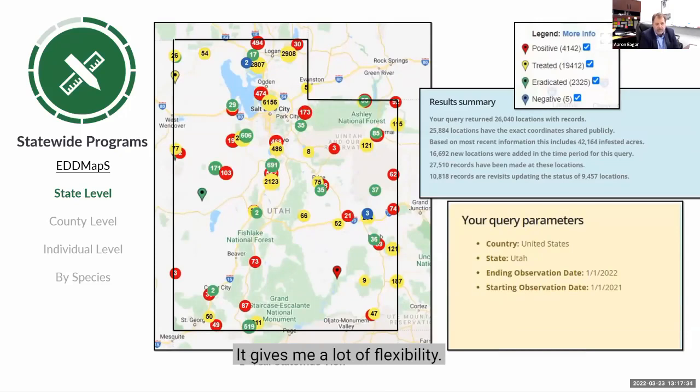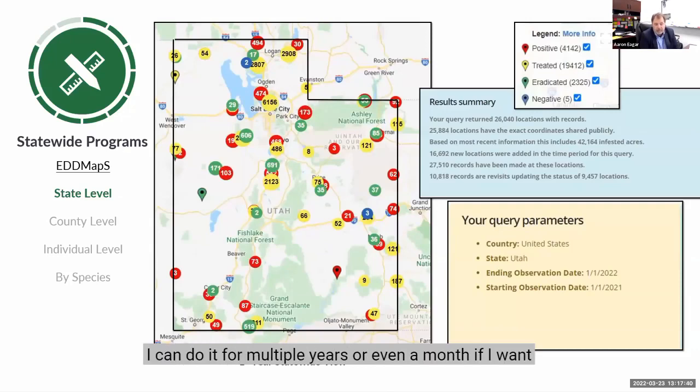It gives me a lot of flexibility. I can do this per species. I can do it for all 54 species. I can do it for multiple years or even a month if I want to. But it gives me a quick view, and it also creates a nice graphic that I can use when I am presenting to other people.